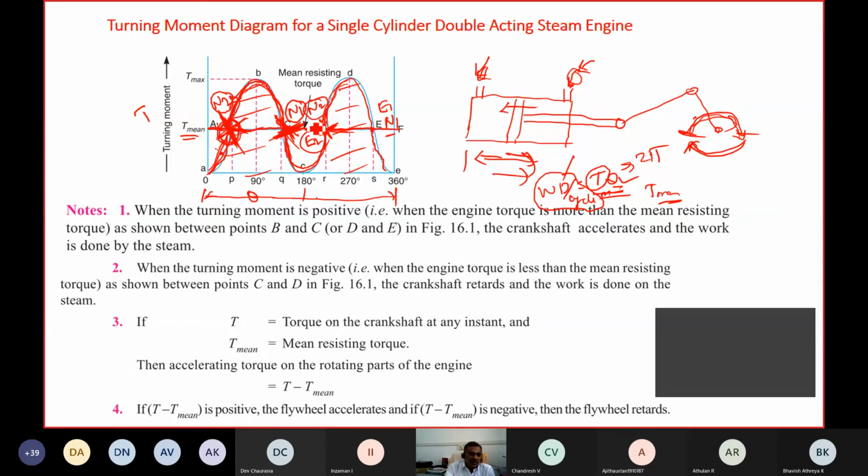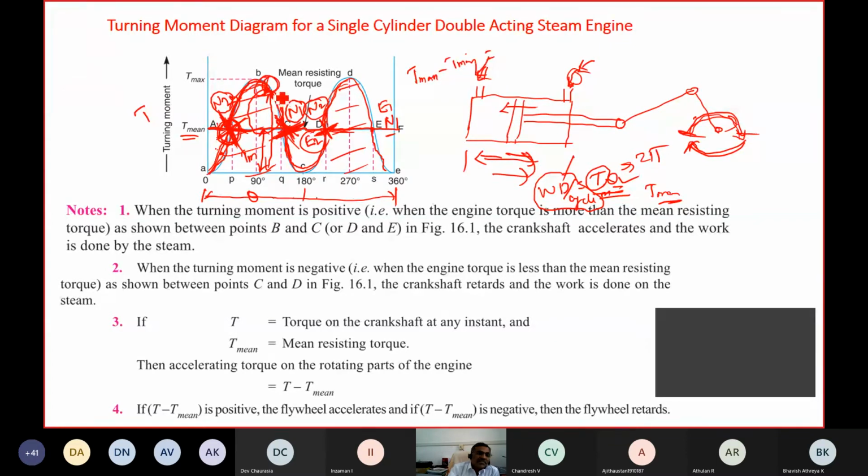For example, if you want to calculate the acceleration at some point, then what you have to do is, this is the mean torque, T mean, or we can say resisting torque. This is the maximum torque. Then you have to find the excess torque. This torque you have to calculate, that is T max minus T min.